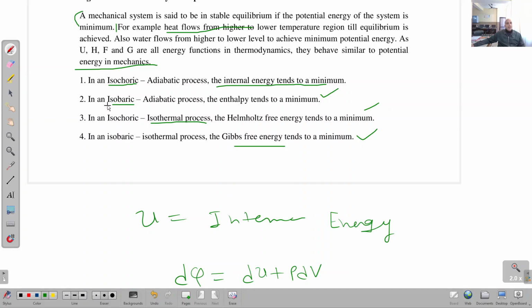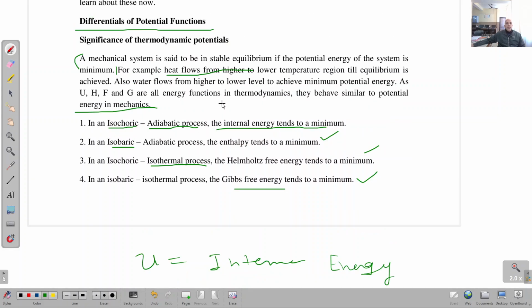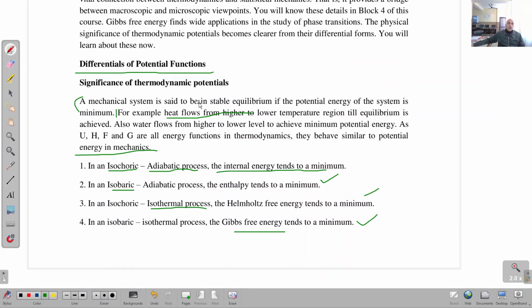Isobaric is that process in which the total pressure remains constant. Similarly, isothermal is that process in which the temperature of the system remains constant, and adiabatic process is that process in which P, V, and T change, but there is no exchange of heat between the system and surroundings, right?